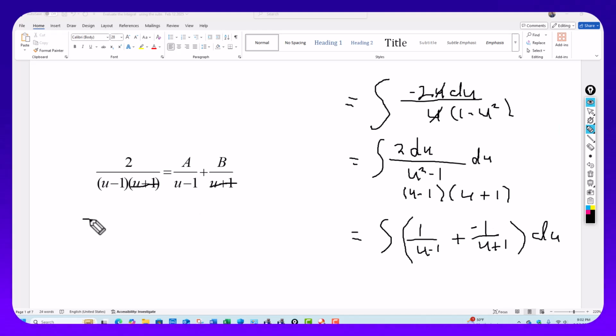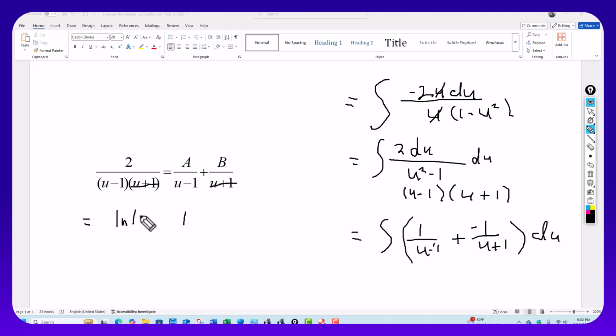So we'll proceed here and say this is equal to, now we just integrate term by term, or in this case, rational expression by rational expression. So we have the integral of 1 over u minus 1. That's just going to be the natural log of absolute u minus 1. But remember, we always go back to the original variable.